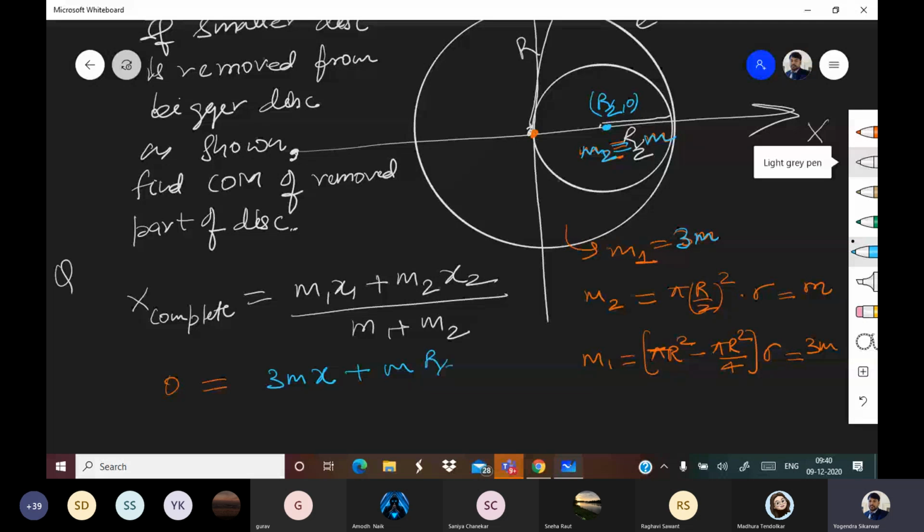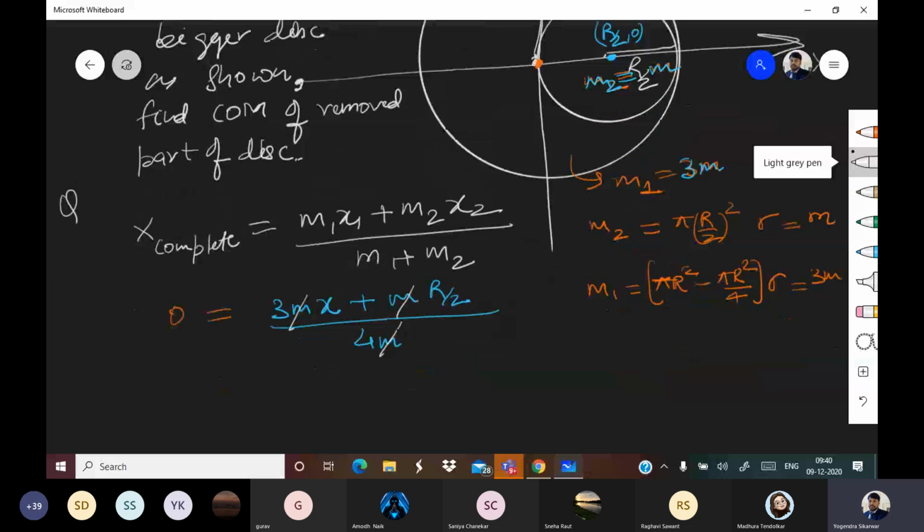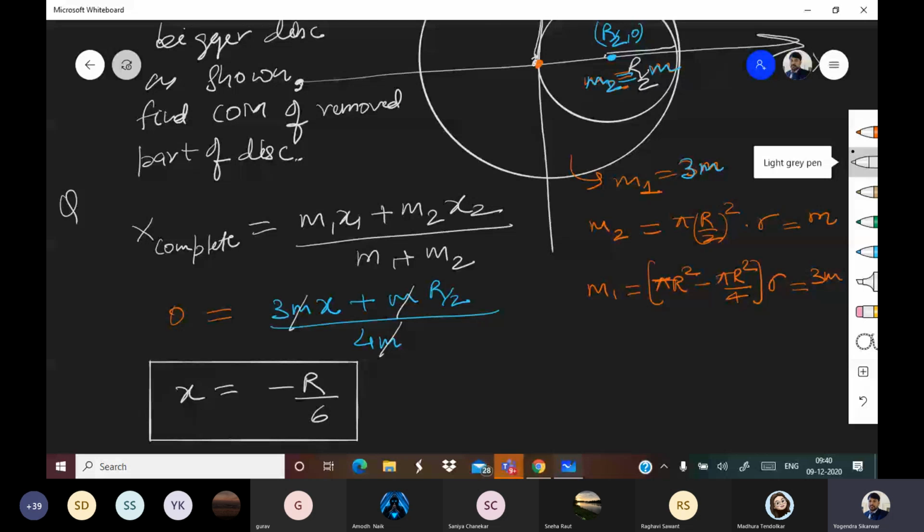Total mass will be 4M. Okay. So if we calculate this further, what we get is X is equal to minus r by 6. So basically try to understand, your x coordinate will be shifted towards the left, and by what distance?